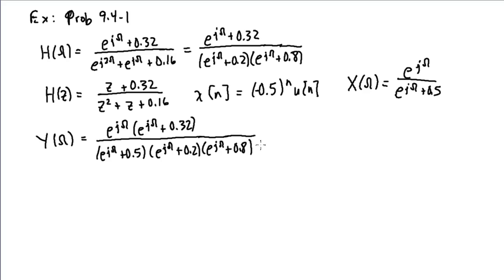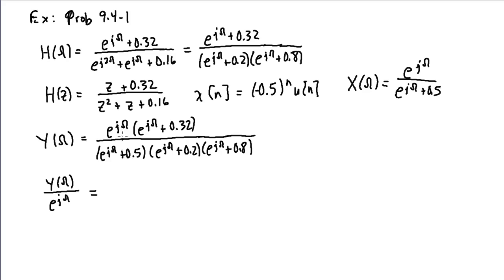Of course, we want to do a partial fraction expansion on this. It's actually helpful here, just as it was for the Z transform, to find the transform of Y of omega over e to the j omega, because most of our transforms in our table have an e to the j omega in the numerator.